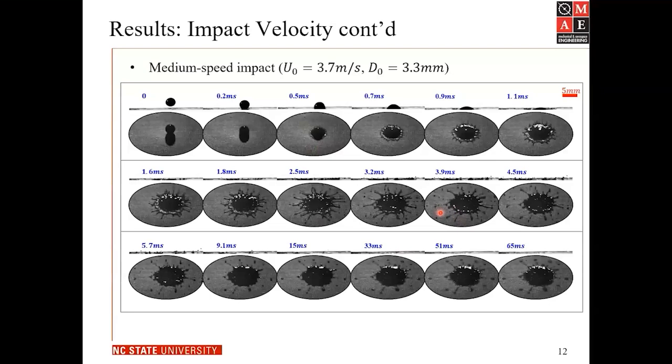All the separated droplets fall back onto the surface, and then start to get into the surface and wick. The main stain also starts to get into the surface, and wicking has already started. The time here is pretty fast, a short period of time.